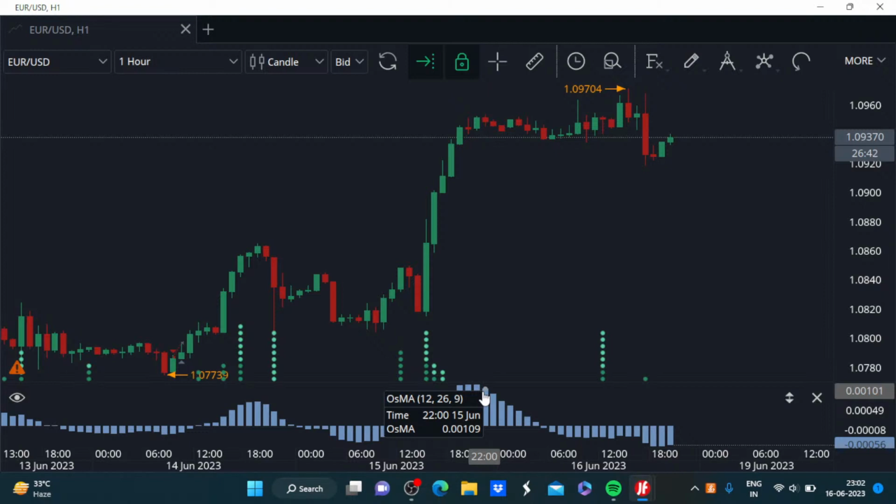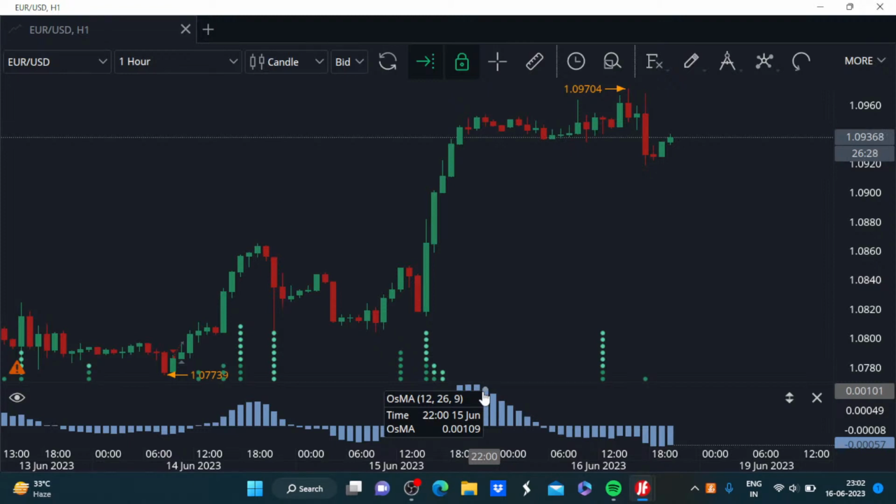It will cancel out some of the trades when the underlying instrument remains sideways, and it will help you in maximizing the potential profitable opportunity.